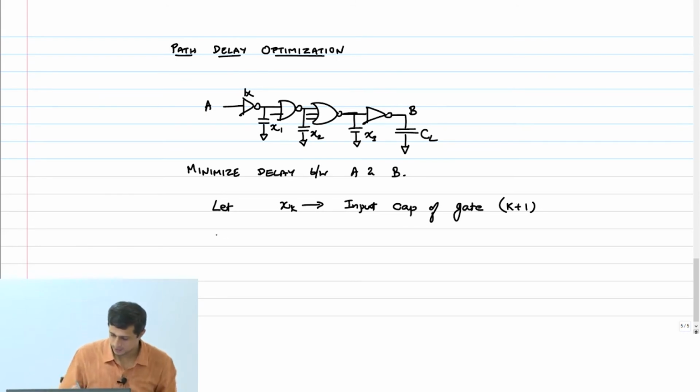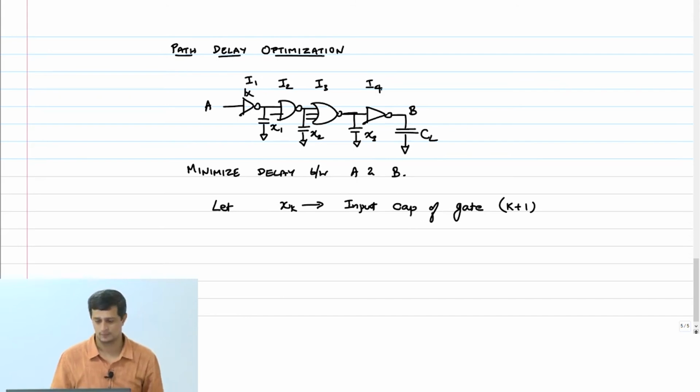Okay. So now what I can do is, I can write my delay expression for each of these gates like we did earlier, right? So I have gate I1, I2, I3 and I4.